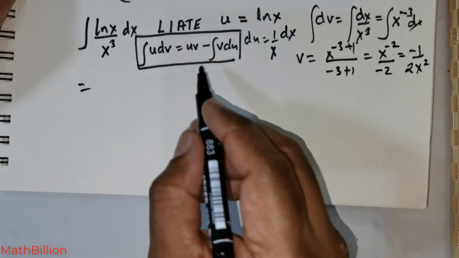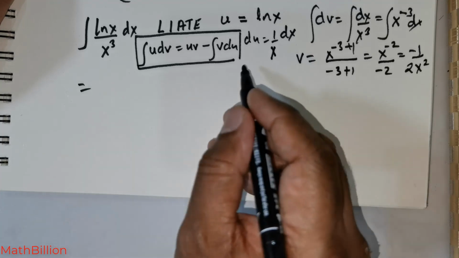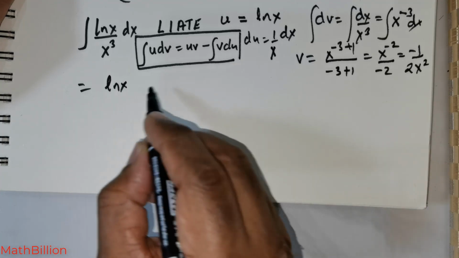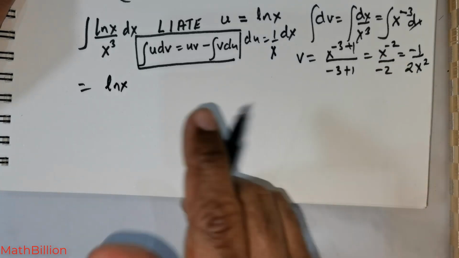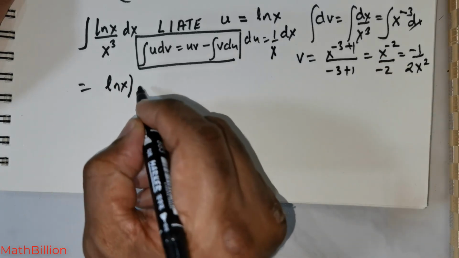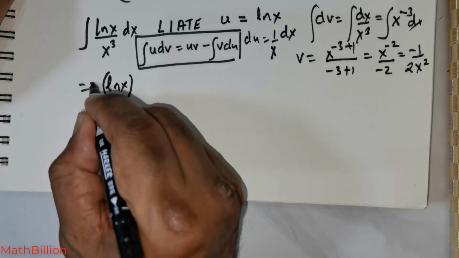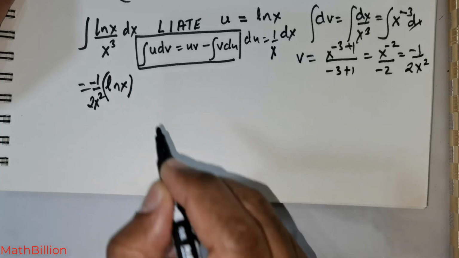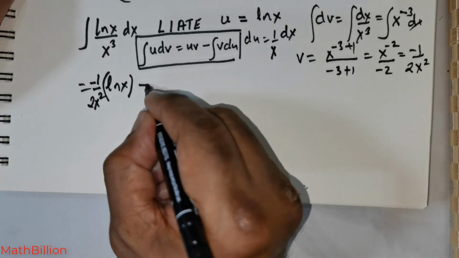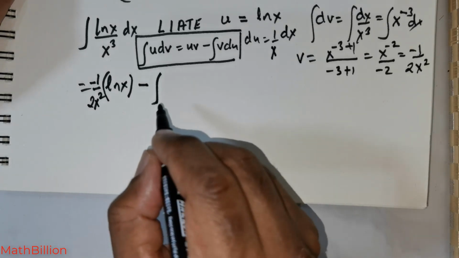So substituting it in the formula, u is ln x times v, which is negative 1 over 2 times x squared. So I'm going to substitute here negative 1 over 2 times x squared, minus the integral of v du.